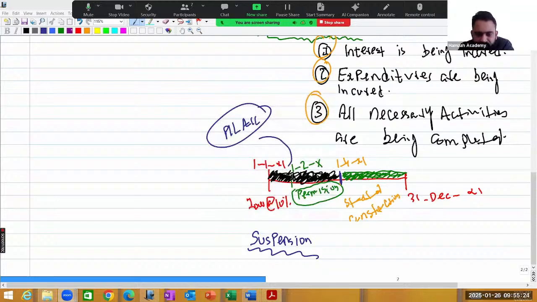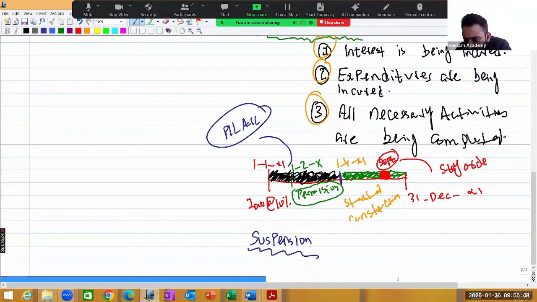Now, for example, let's say this red area is the month of September, and in the month of September, due to a stay order from the court, work has been suspended. This is known as suspension.